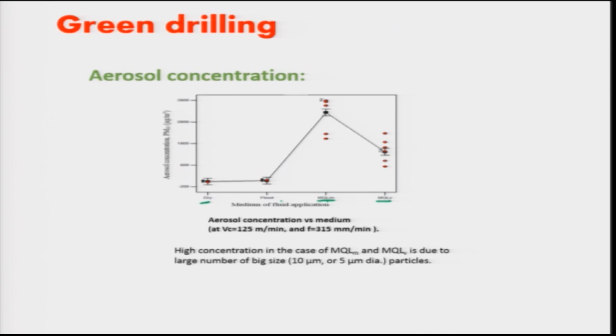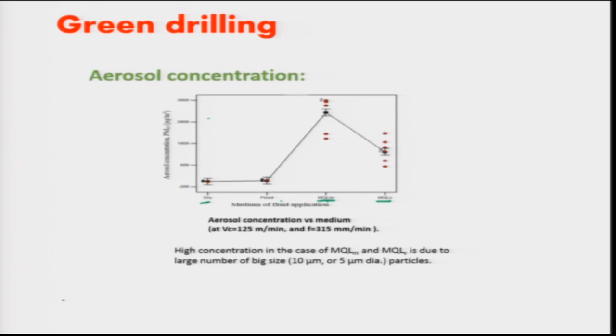large number of big size particles, that is 10 micrometer or 5 micrometer diameter particles. Trial experiments also exhibited that the PM level increases up to 10,000 micrograms per meter cube at a very high flow rate of the mist. But the flow rate that we have here is a little lower, 20 milliliter per hour.